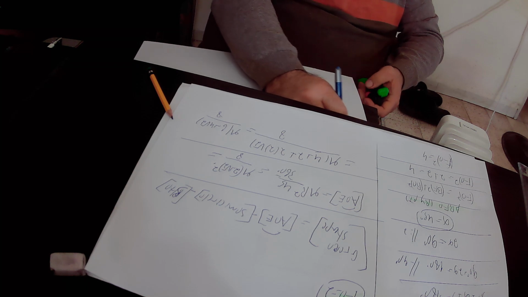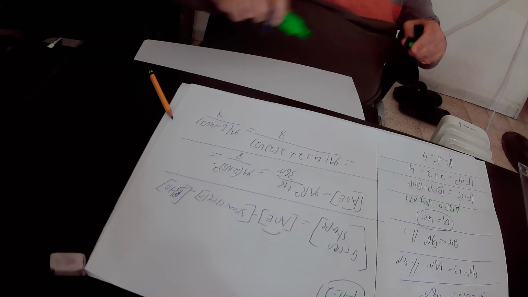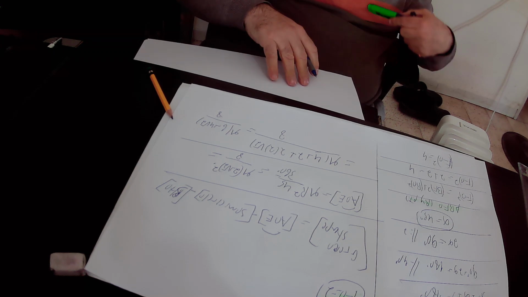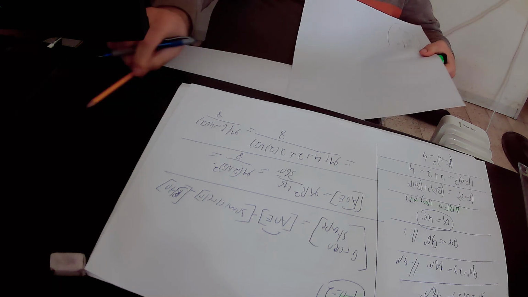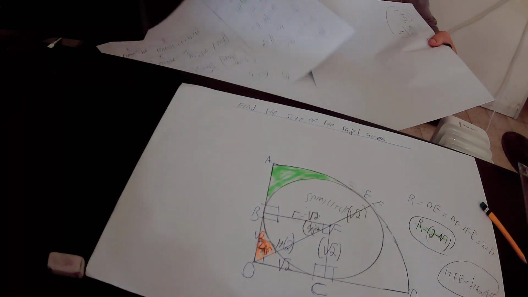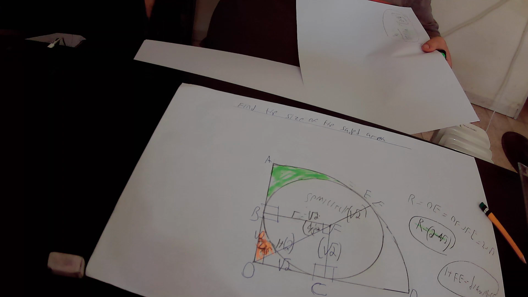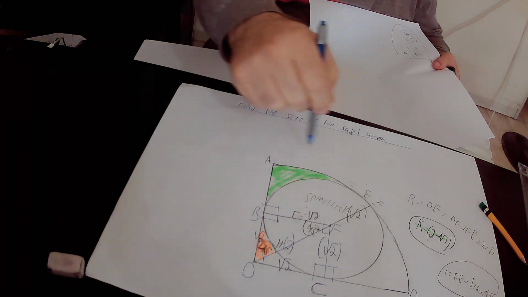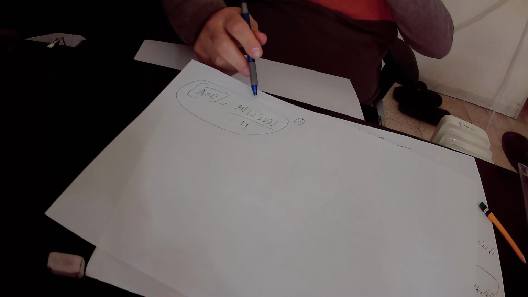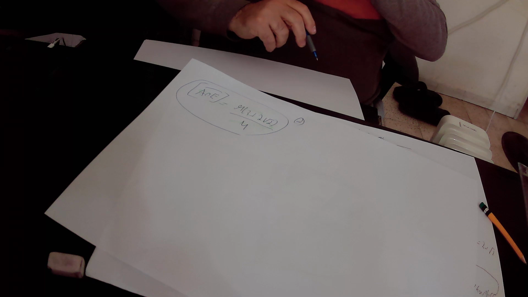So in conclusion, the area of this big sector AOE equals pi times 3 plus 2 times square root of 2, over 4 square units.